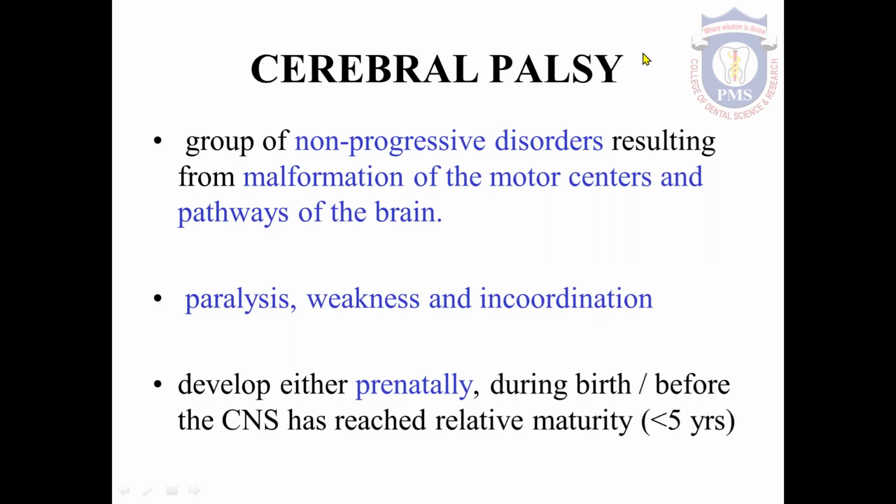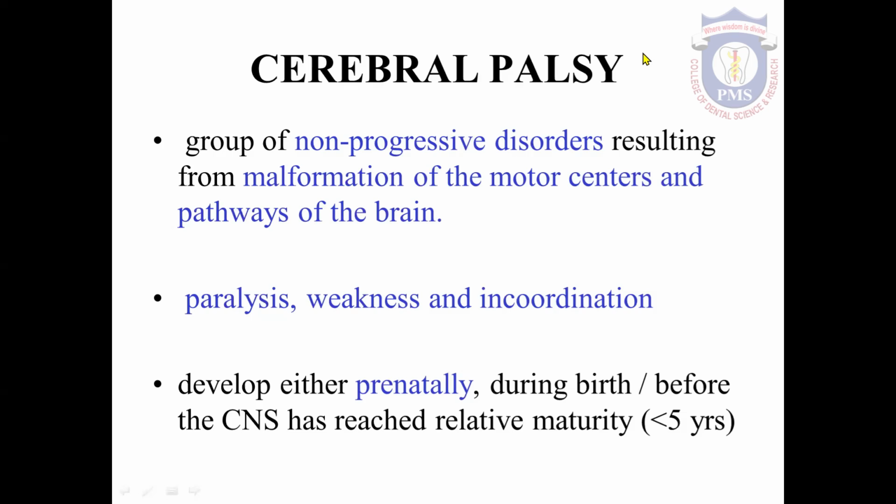This can lead to paralysis or weakness of muscles, or incoordination, or lack of coordination of muscles. And this condition can develop either perinatally or prenatally or immediately after birth, that is within the first 5 years, or just before the 5 years, when the CNS has reached maturity.